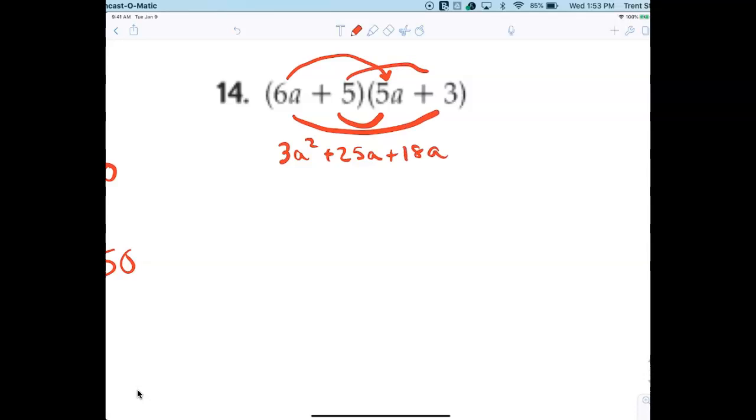And finally, plus 15. So now we got it: 3a squared plus 43a plus 15. Any issues? Yeah, that's what I said, 30. Thank you, guys.